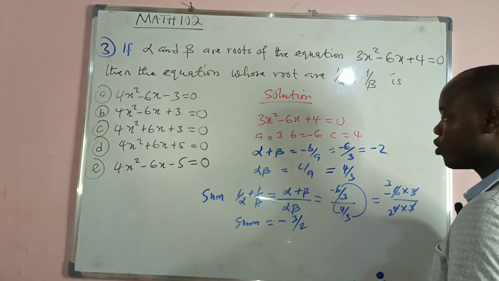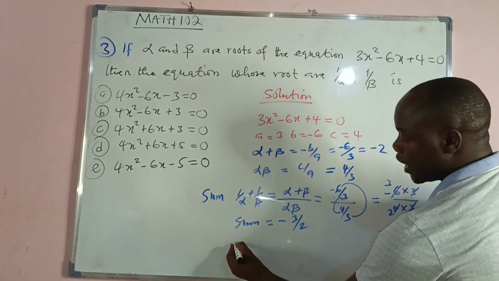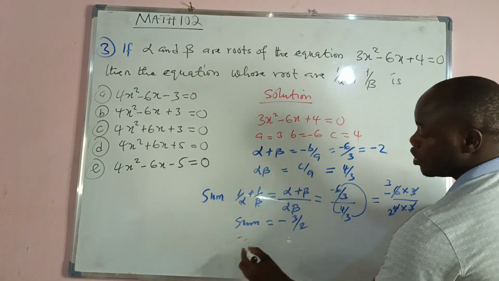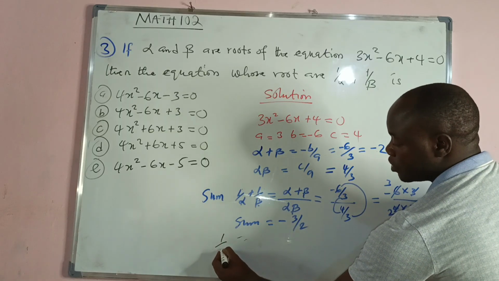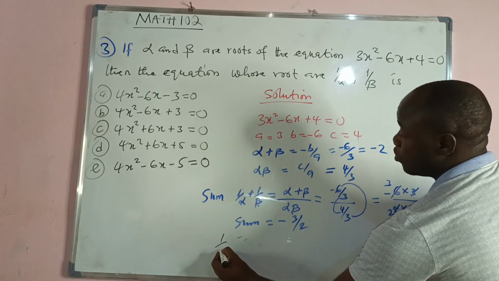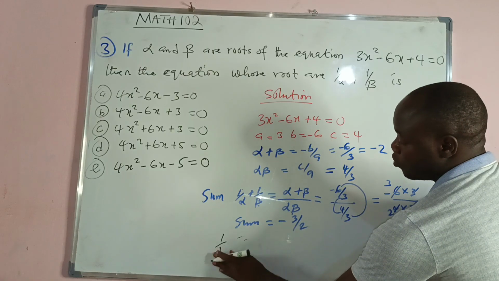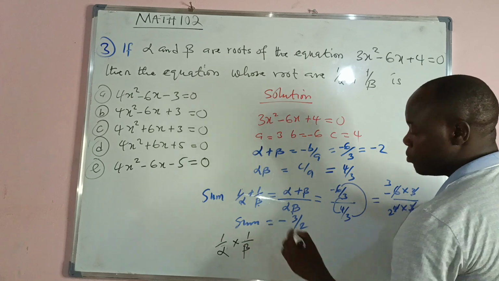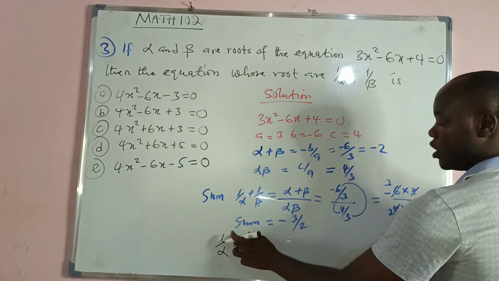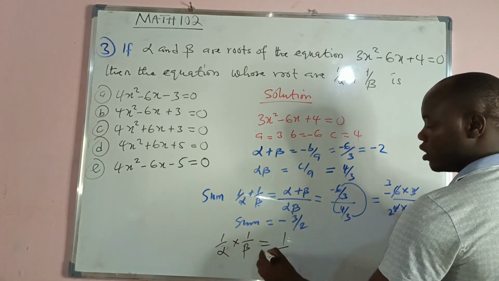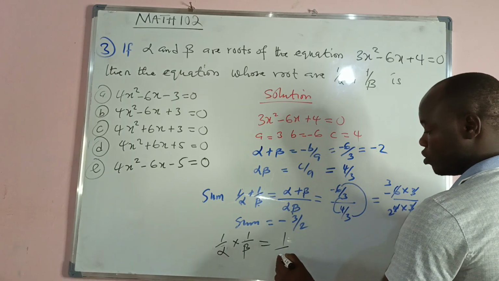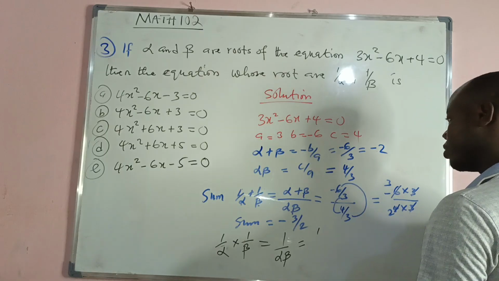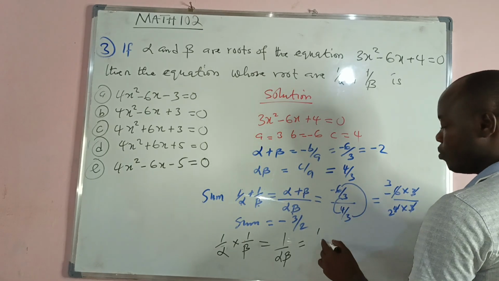Then the next one is the product, that is to get alpha times beta. So for the product, we have 1 over alpha times 1 over beta. Therefore, 1 times 1 is going to give us 1. Then alpha times beta gives us alpha beta, and we know that alpha beta is 4 all over 3.